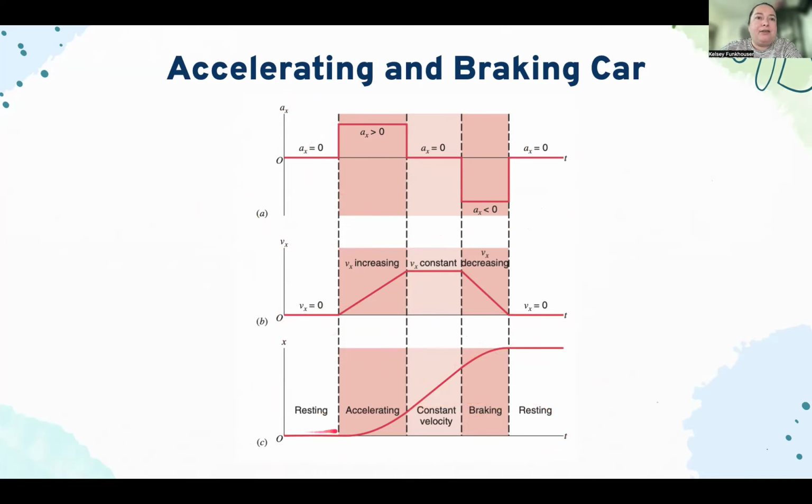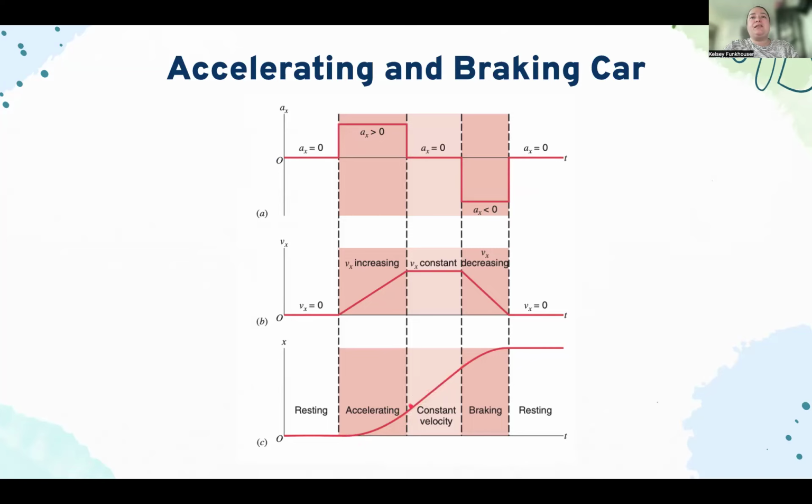It starts at rest, so there's no motion. Then we have this period where it's accelerating, and we don't have a linear position graph, which makes sense because the velocity is changing. The velocity graph is going to be linear, and the position graph is going to have a subtle curve to it. It's a little hard to tell.